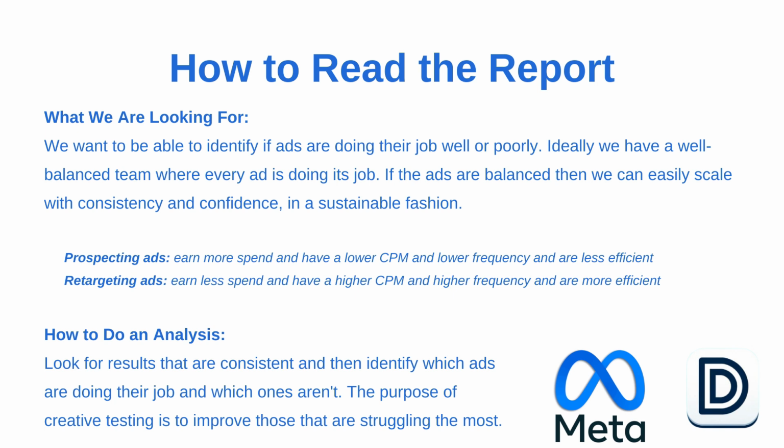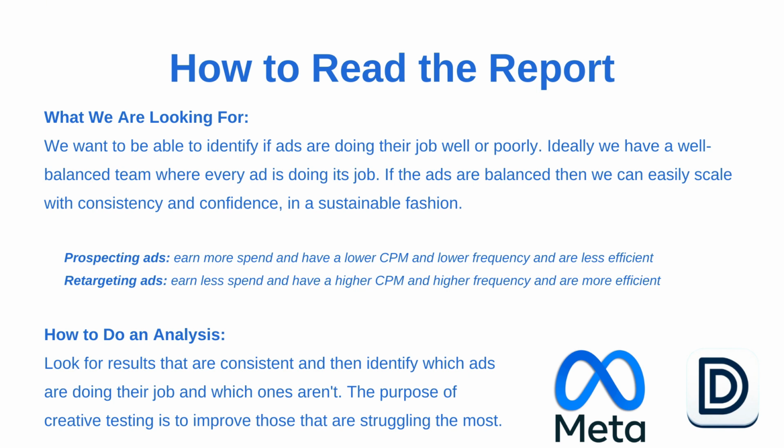The purpose of a 4PI analysis is to allow us to, at a glance, have a very clear understanding of how the machine is using our content and understanding where we have an opportunity to improve. From there, we can focus our creative testing on just improving the ad that is doing the job the most poorly.